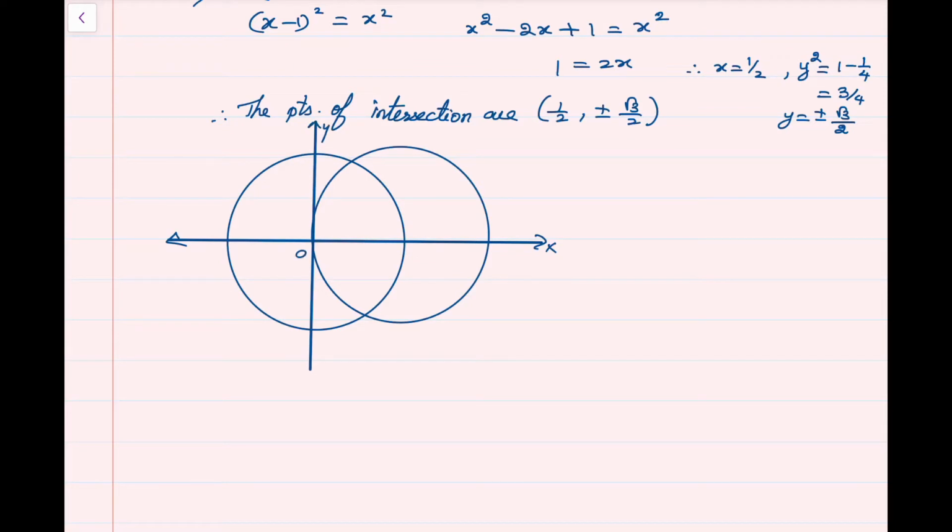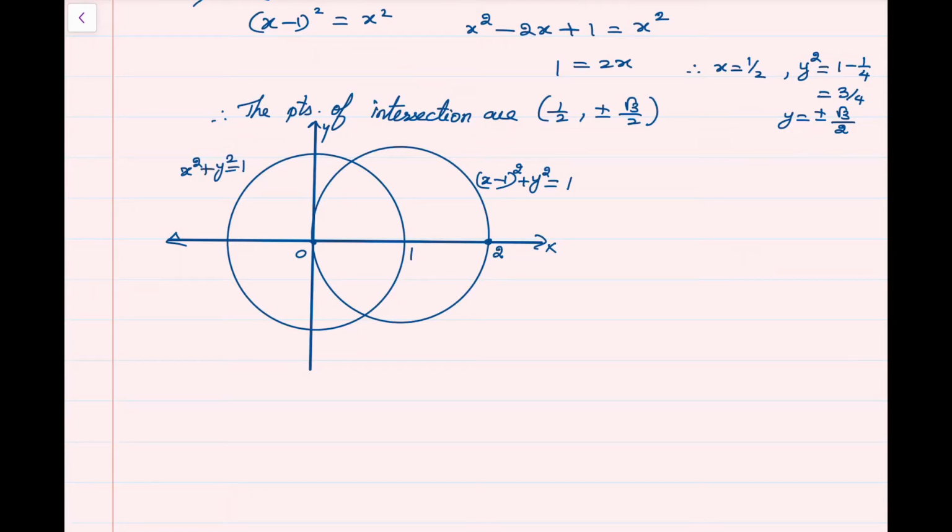For the first circle, the center is at 1 comma 0 and radius is 1 unit. So, it passes through the origin as well as this 2 comma 0 point. Let us write the equation of the first circle, x minus 1 the whole square plus y square is equal to 1. Now, for the second circle, the center is at the origin and radius is 1 unit. The equation is x square plus y square is equal to 1.